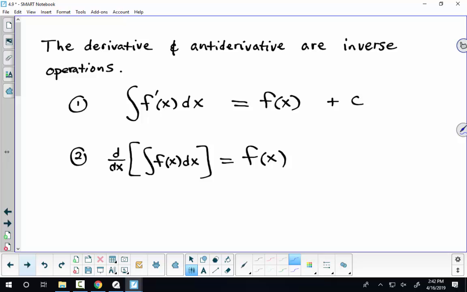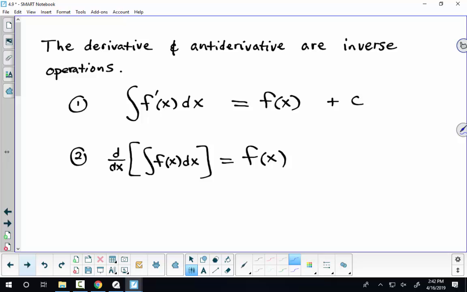So a reminder that the operations are inverses. When we take the derivative of the antiderivative, we get the function back, as in example 2. When we take the antiderivative of a derivative, we know the antiderivative is unique up to a constant, or the derivative is unique up to a constant. So that's kind of the only caveat, is if we take the antiderivative of a derivative, there's going to be some constant involved.